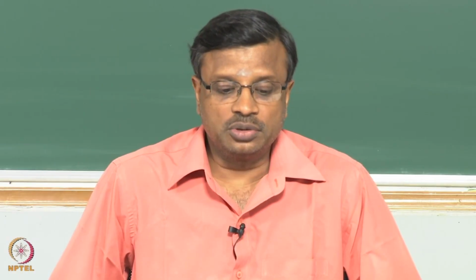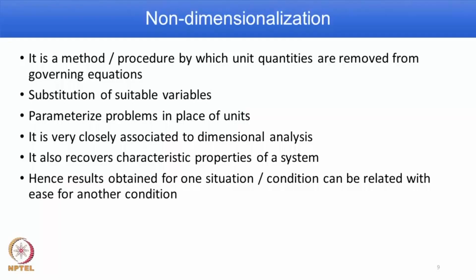So, this reduces the number of parameters in the problem, and by this procedure we can also identify the characteristic properties of the system, which means a particular scale exists in a flow, either a velocity scale or length scale or time scale. That scale information is very helpful either to control or manipulate the flow or to design a system based on that scale.